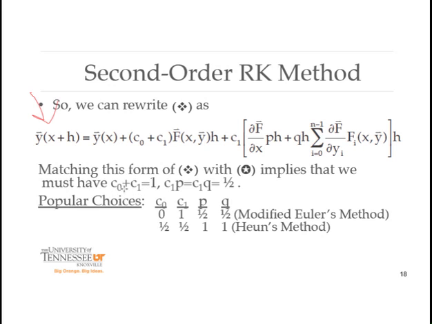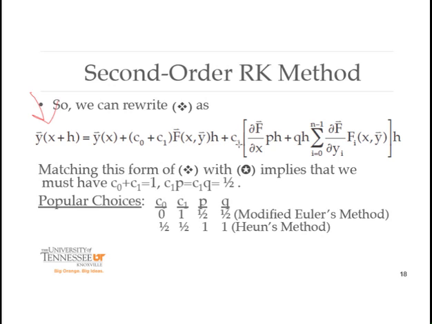The sum of C0 and C1 has to be 1, C1 times P has to equal C1 times Q, and the products both have to be equal to a half. So these are the constraints, using Taylor series expansions in one and two variables, on the original representation of the second order Runge-Kutta method.